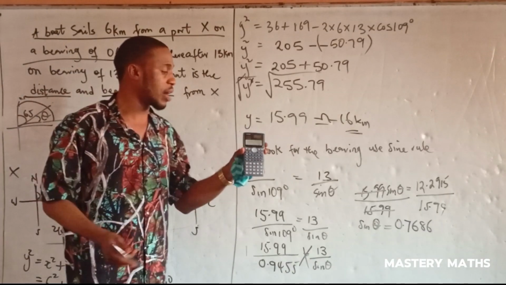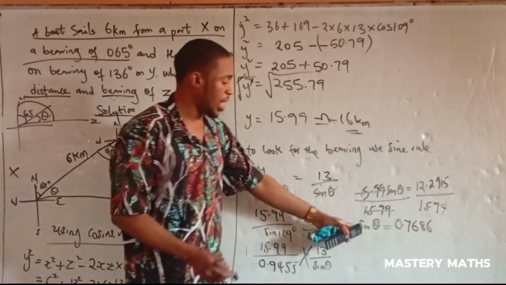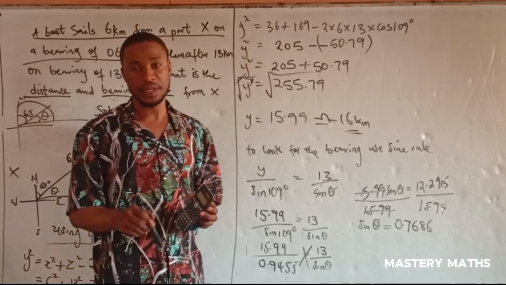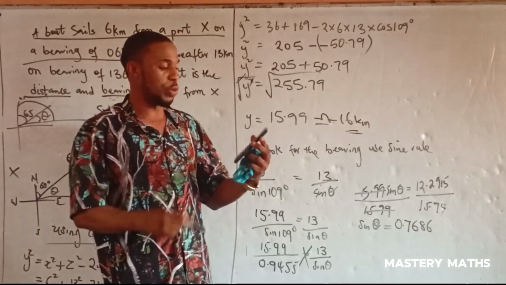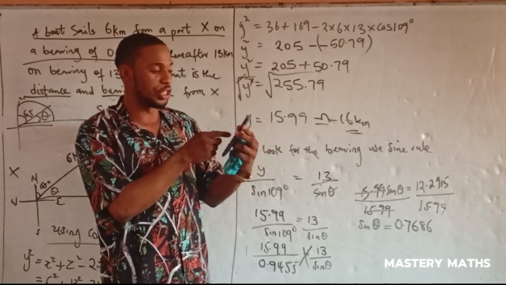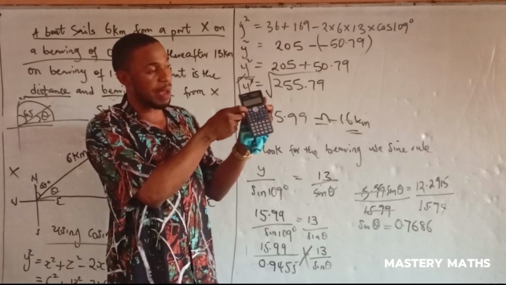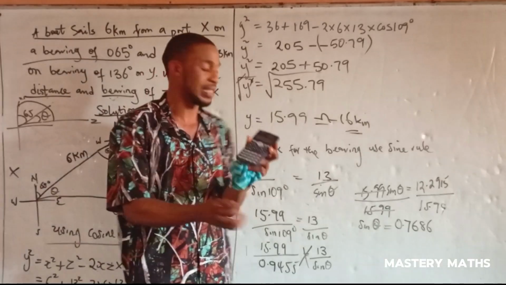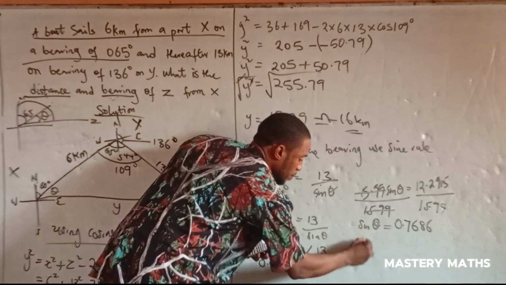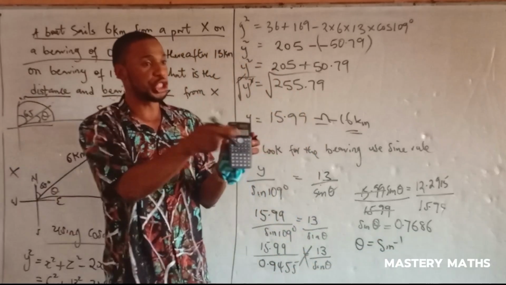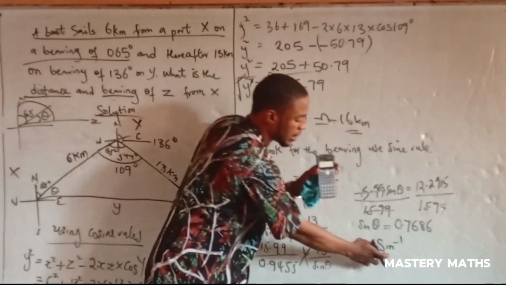Now, when you come to your calculator, in order to get this, we call it shift sine, the inverse of sine. Now, how do you get that in your calculator? You check, you see your shift in the calculator. This is the shift up here. Tap your shift and your sine, it will give you an inverse. It will look like this.